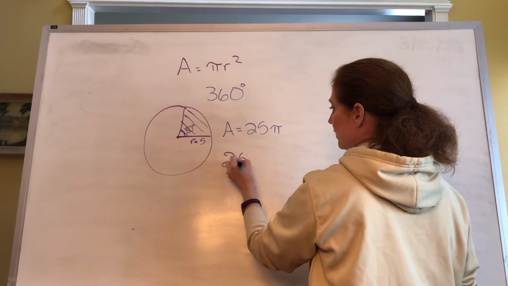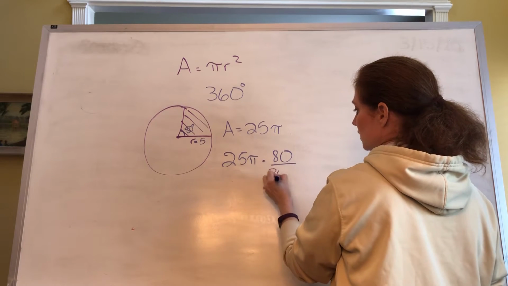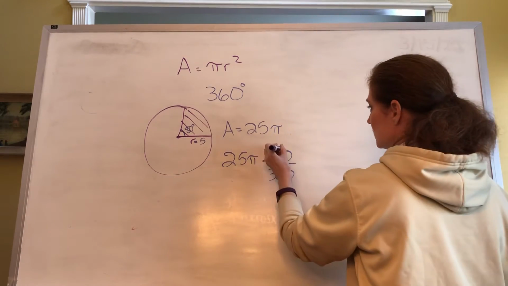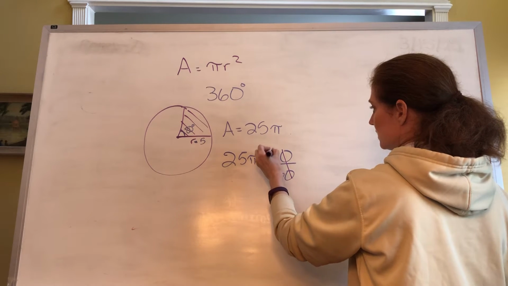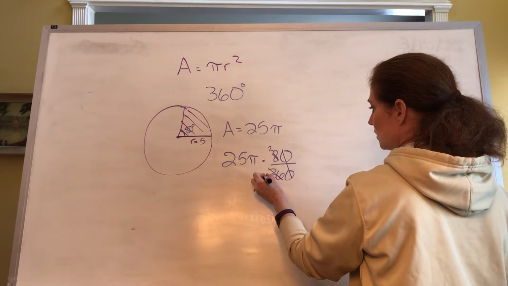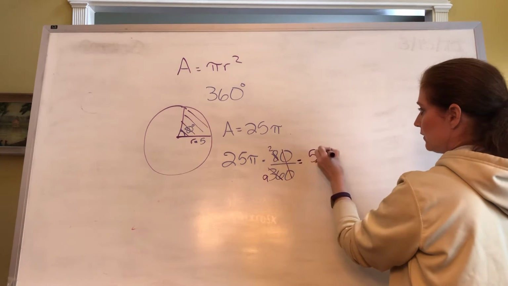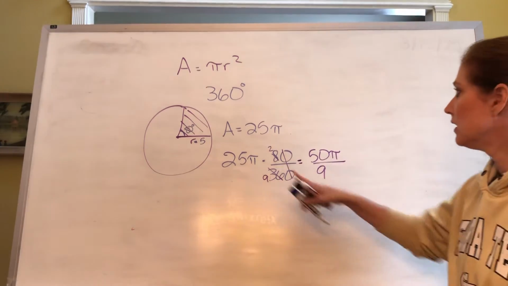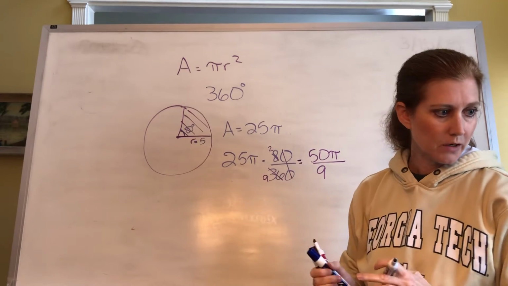So I have 25 pi times 80 over 360. The zeros cancel out. Also 4 will go into both of these. So that's 2. That's 9. And so we're going to get 50 pi over 9. That would be my area of just this purple segment right here.